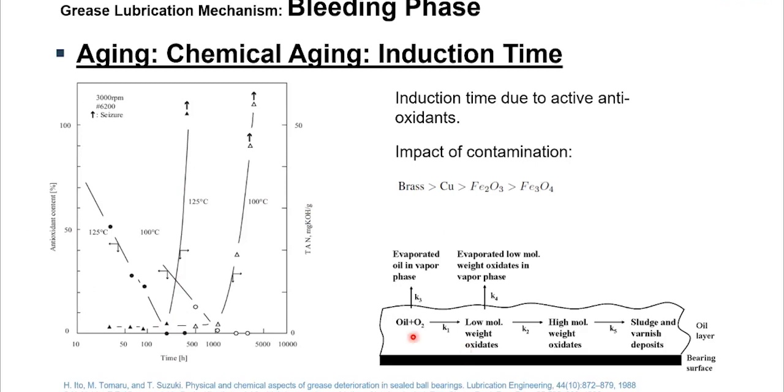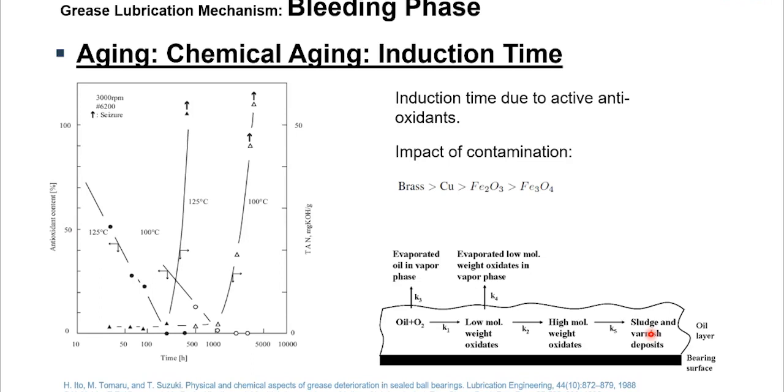What will happen? Oil will react with the oxygen molecule. In the beginning, you produce low molecular weight oxidates. Then that will convert into high molecular weight oxidates. Then, in the end, that will lead to the formation of sludge or varnish deposits.